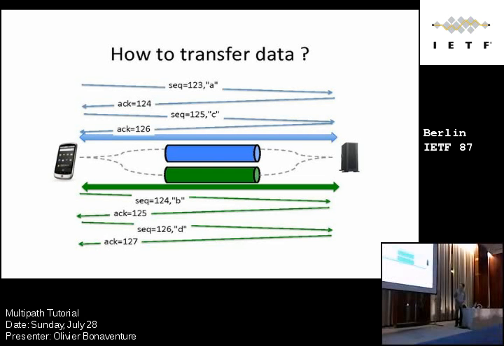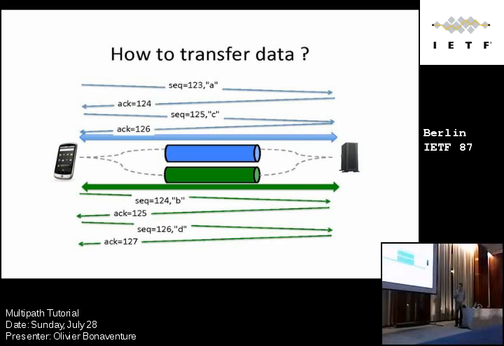First solution, I send data with a sequence number, and I just send 1 byte at a time so that the sequence number will increment by 1. And you remember that in TCP, we acknowledge the next byte which is expected in sequence, and that's why we acknowledge 124 while we have sent 123. So I could send data over the blue subflow, then data over the green subflow, and again, I just send data over the blue subflow.